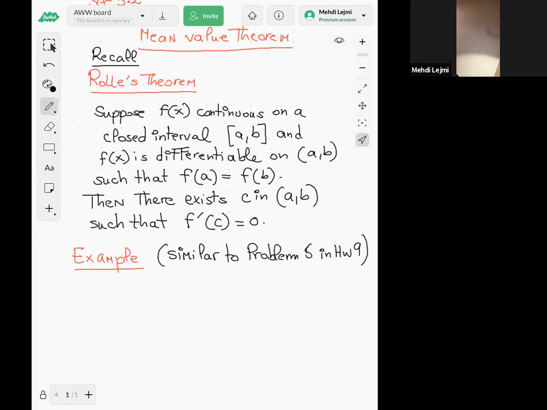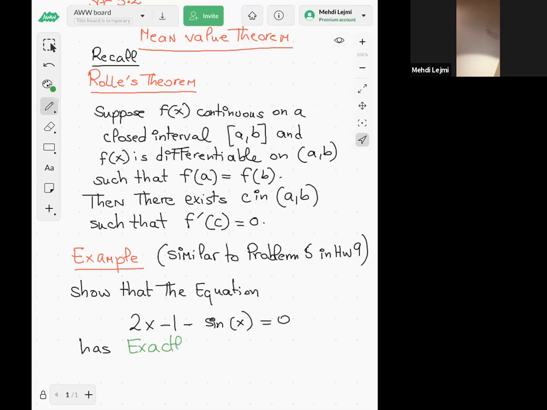You have to show that the equation 2x minus 1 minus sine of x equals 0 has exactly one solution.